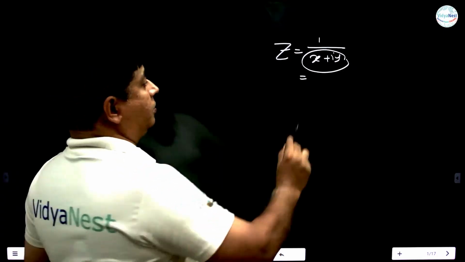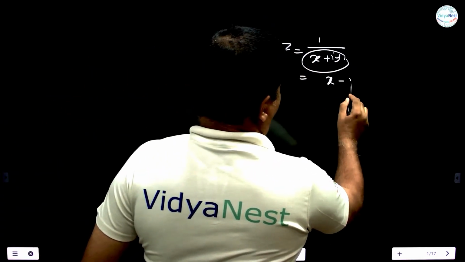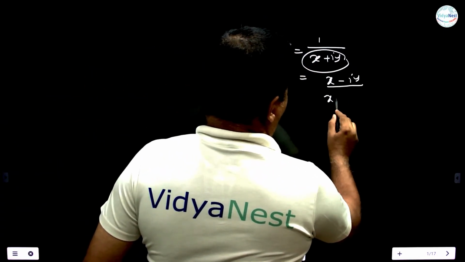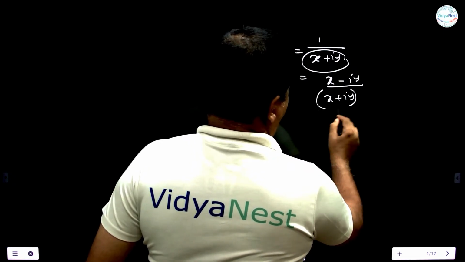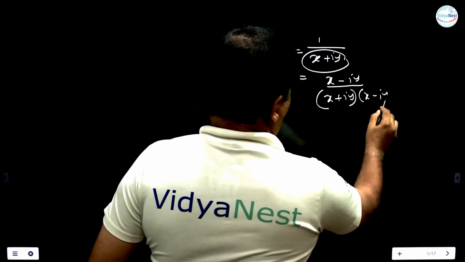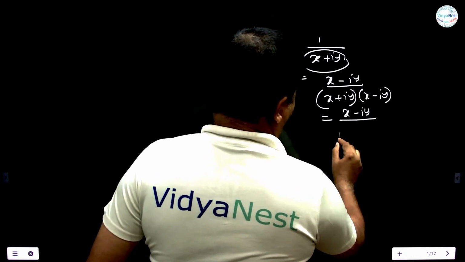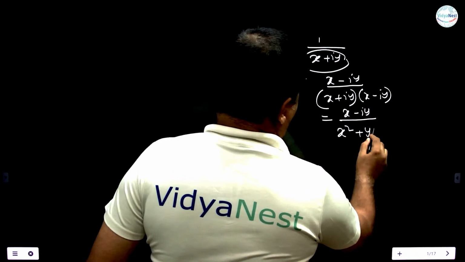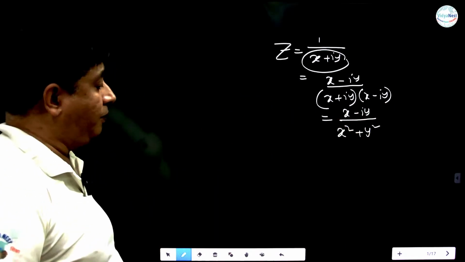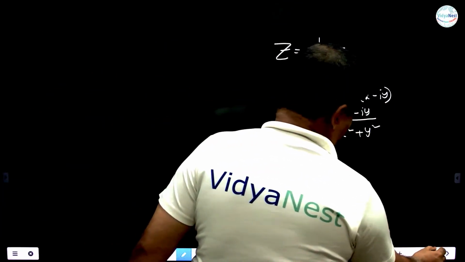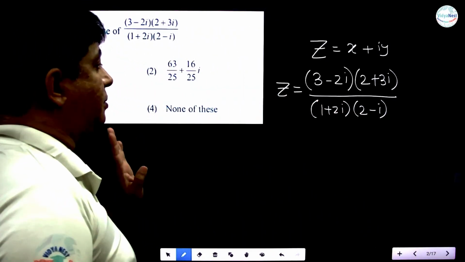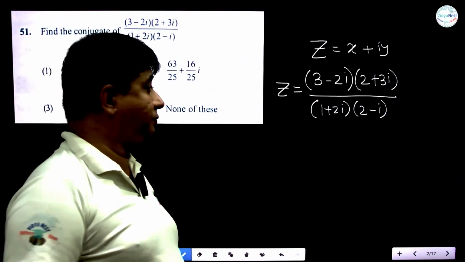I have to multiply numerator and denominator by its conjugate. That means x minus iy by x square plus y square. So i is removed from the denominator.